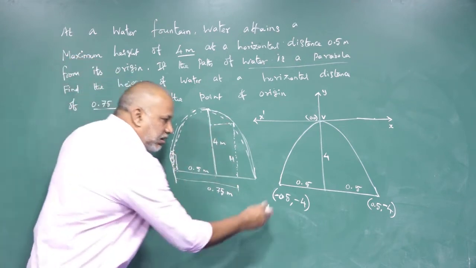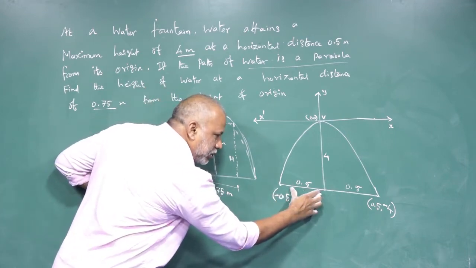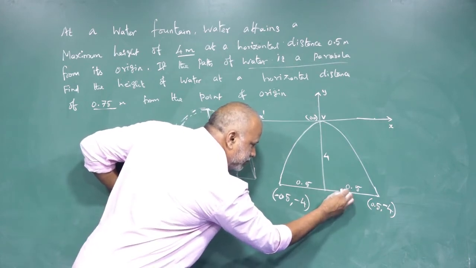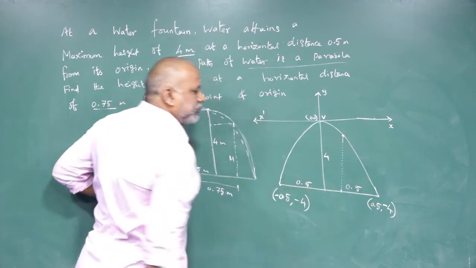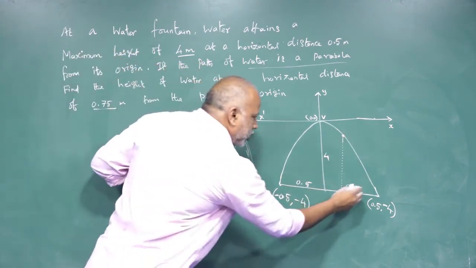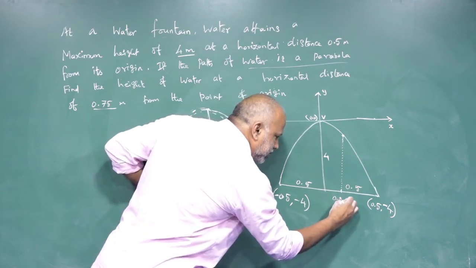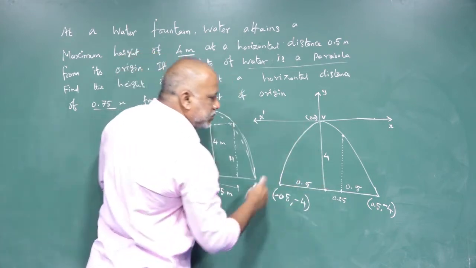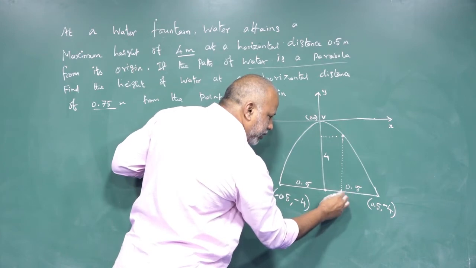Now listen, from the origin to this point we have already covered 0.5. Again one more 0.25. We need to find this one. So 0.5 is the entire distance from the middle value, and now this is 0.25 from this y axis. Listen carefully, this is 0.25.